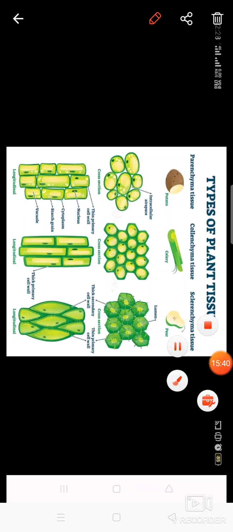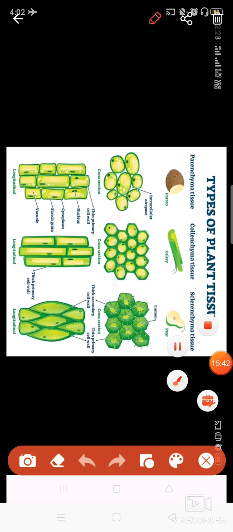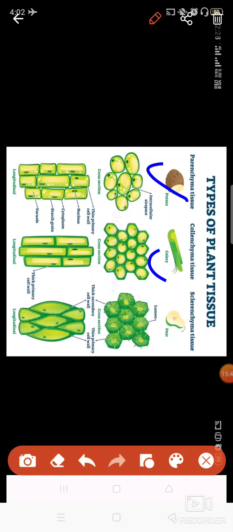So now let's summarize it. We have three kinds of simple permanent tissues: parenchyma, collenchyma and sclerenchyma. In parenchyma, intercellular spaces are present. In collenchyma, intercellular spaces are not present. In sclerenchyma also, intercellular spaces are not present.